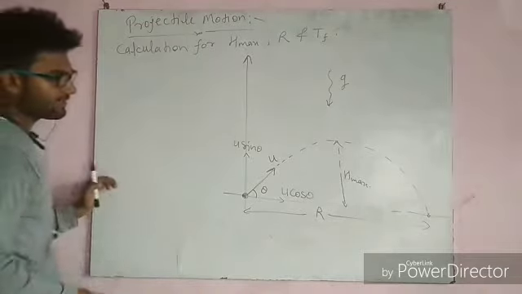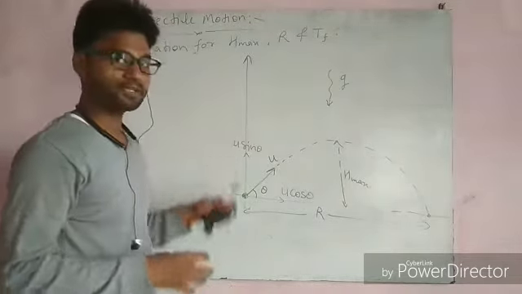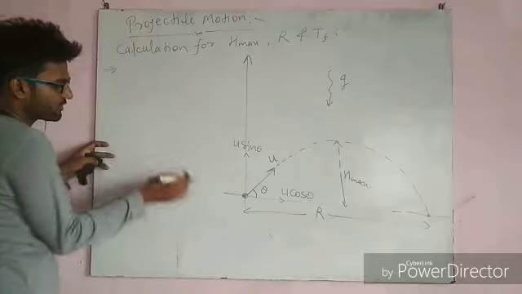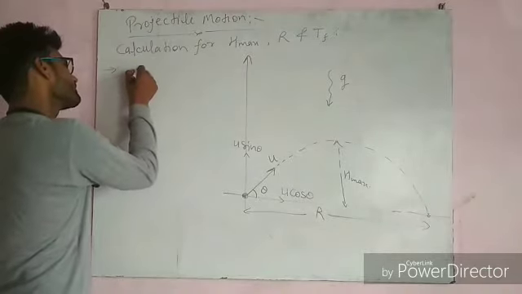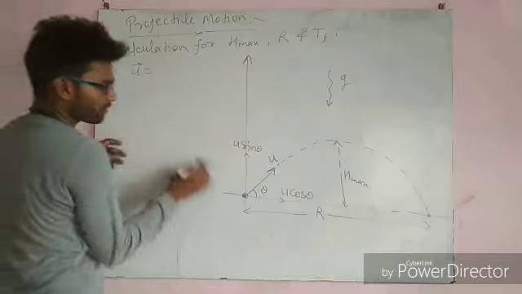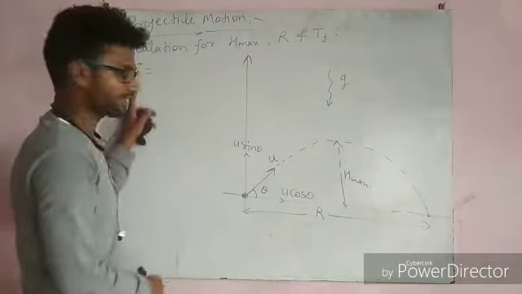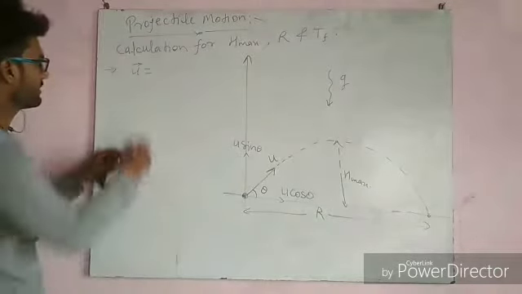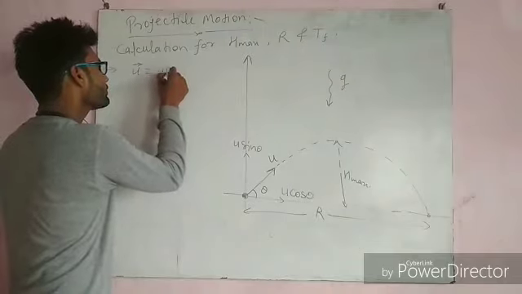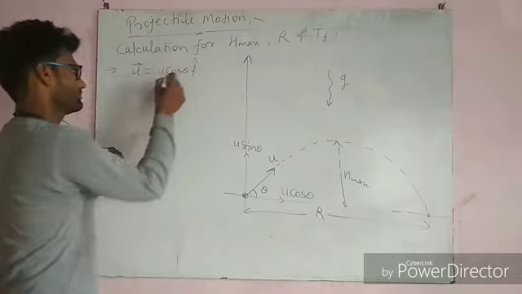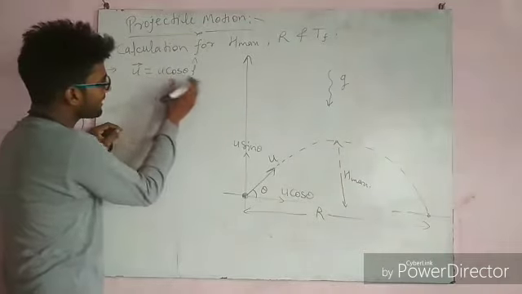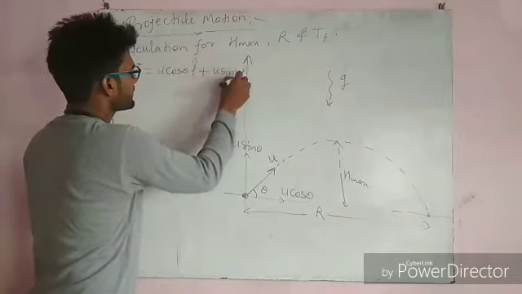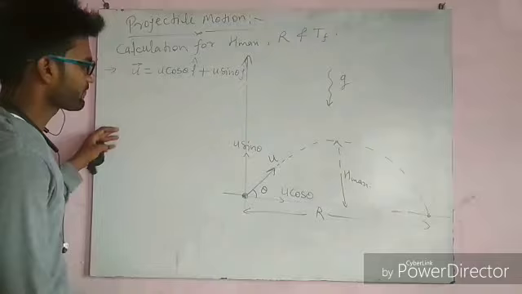Firstly we'll write the parameters which are initially considered, right? The initial velocity of the particle I am taking here is u vector, which is the complete velocity vector and can be written in the form of its components. So u vector is equal to u cos theta i cap, which is the x component of the initial velocity vector, and u sin theta j cap, that is the y component, right?